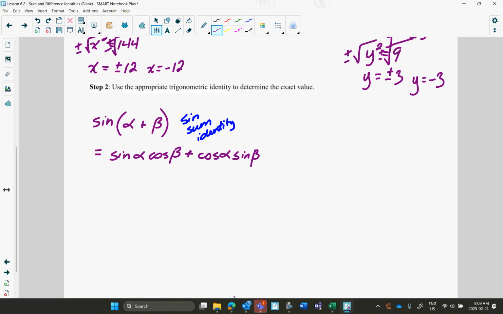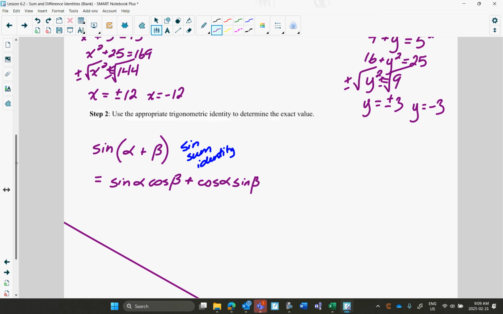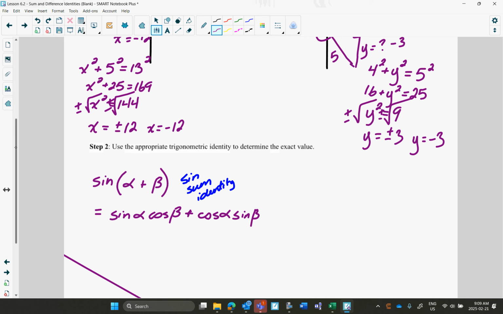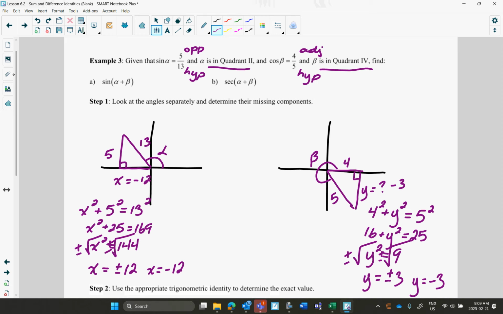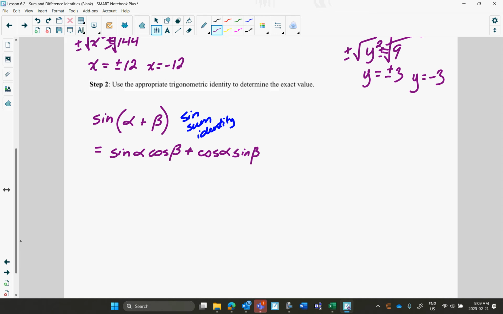Now we go to our right triangle using alpha to figure out all of these, to get the numbers. So sine alpha, well, sine alpha, we're actually given it. So it's 5/13. Remember, it's not sine 5/13. Sine alpha gets completely replaced by 5/13.